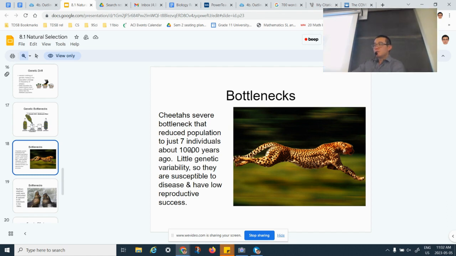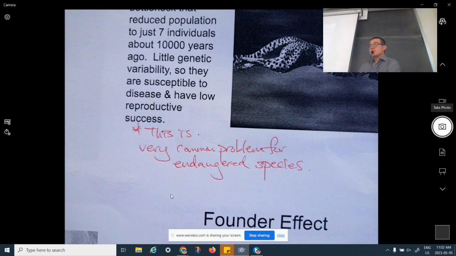Based on genetic analysis, it seems like 10,000 years ago, there was a very, very small number of cheetahs. Because of that, cheetahs now are more susceptible to disease and have lower reproductive success. Again, this is a very common problem for endangered species. You don't have that much genetic variety, hence a lot of those recessive traits can pop up.